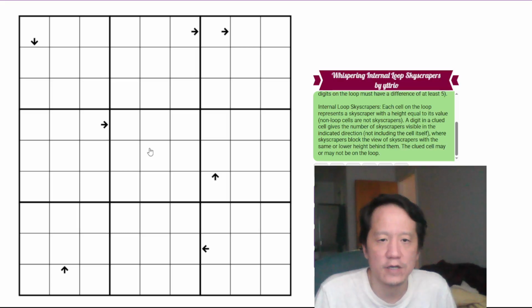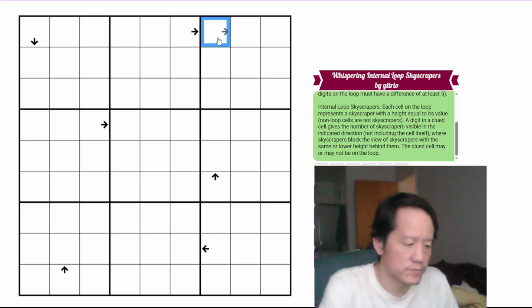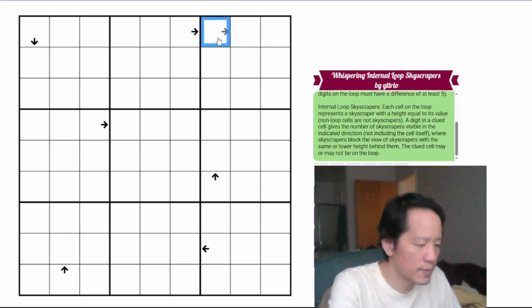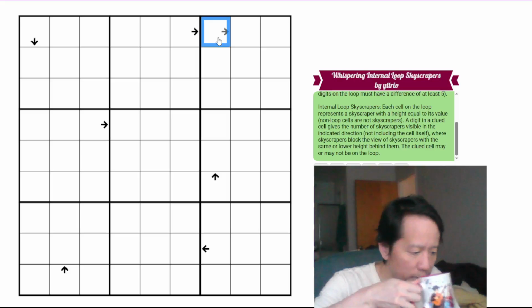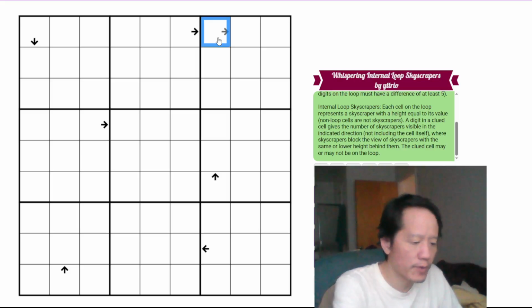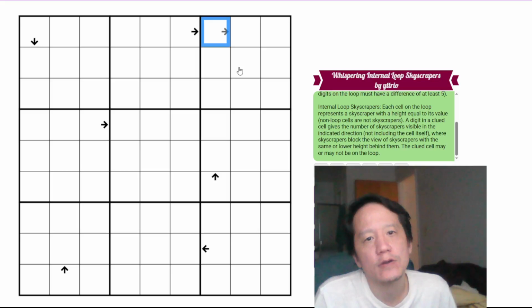Let's go. Okay, this sees, well, this sees 2 cells at most, right? So it would see 1 or 2 skyscrapers here.